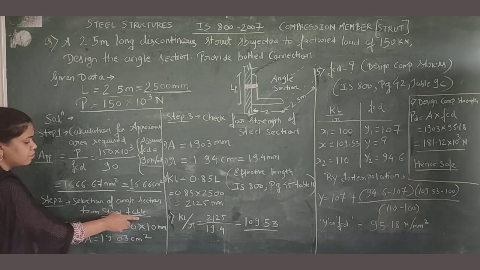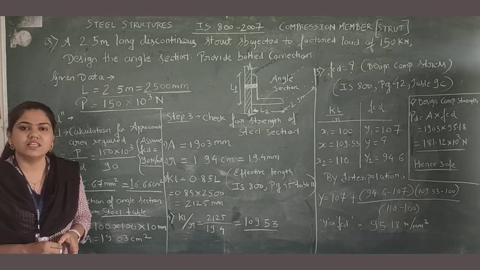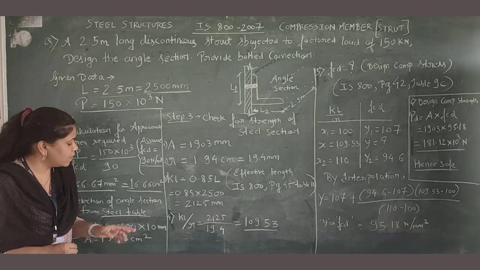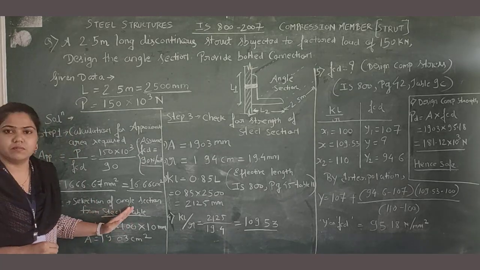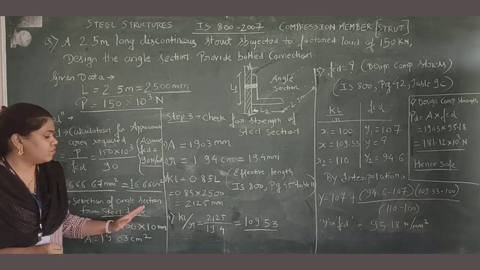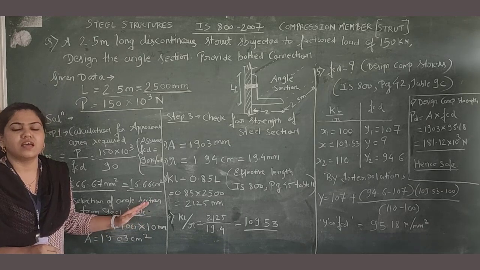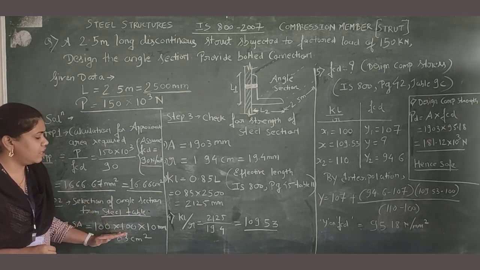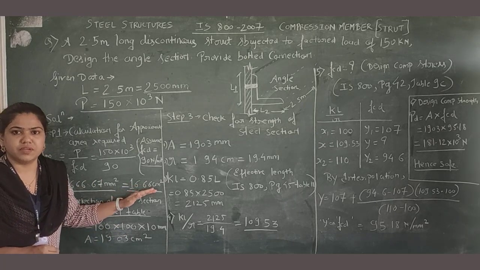A steel table is a booklet which is easily available in the market as well as online, so you have to purchase the steel table. From that steel table, refer to and select an angle section having area greater than the approximate area.